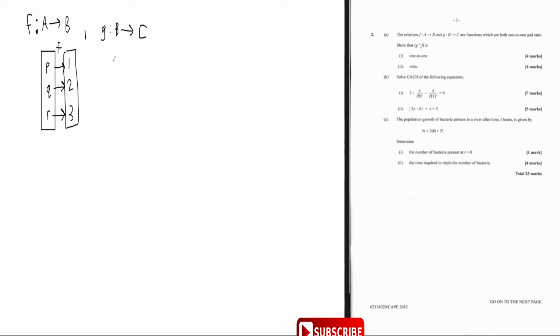And then for G, B is going to be 1, 2, 3, and it's mapped to some new set C. We can let set C be A, B, C. So 1 will map to A, 2 will map to B, and 3 will map to C. So G is also one-to-one and onto. Remember, they said that. So this is the function G.